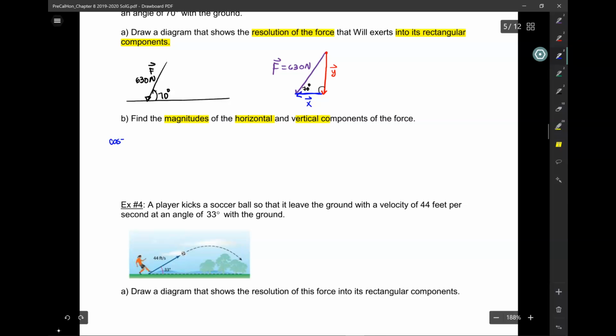Cosine of 70 is equal to what? x over 630.